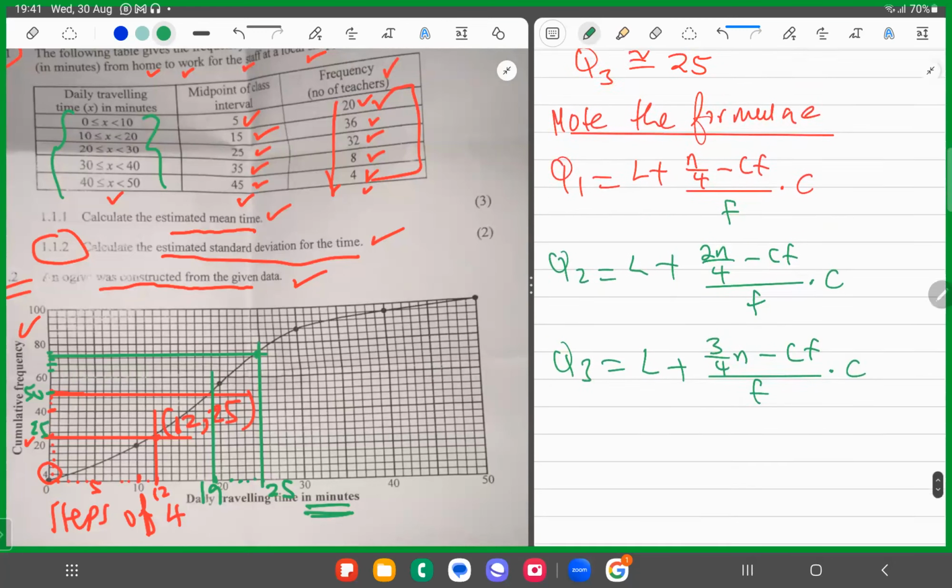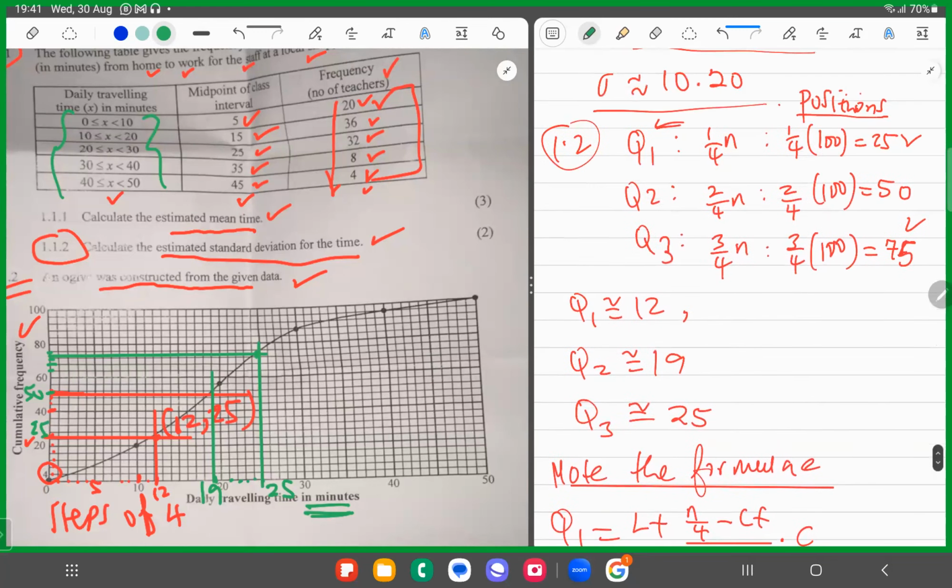For Q1, like we found the position, we said it's 25. So at position 25 for Q1, what class did that give us? The 25th value of the observation in the cumulative frequency column.